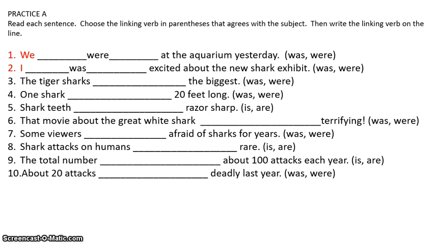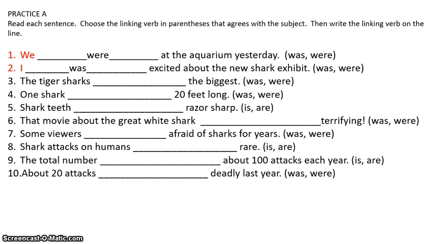They're saying that was is linking because who is excited? I am excited. But excited can also be an action verb, and so that's a little confusing on if that's an action verb or helping verb. But I think it's going to be a linking verb in this case because it's telling you that I is linked by the word was to excited. Excited is describing I. So that's what they've done.